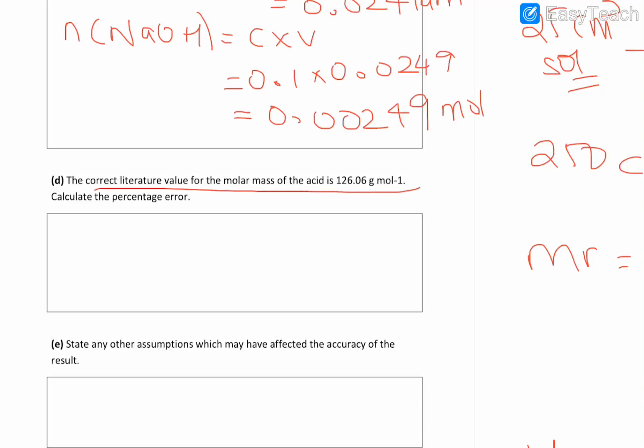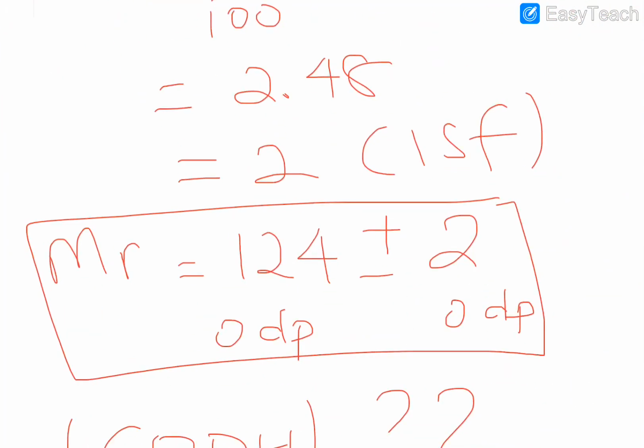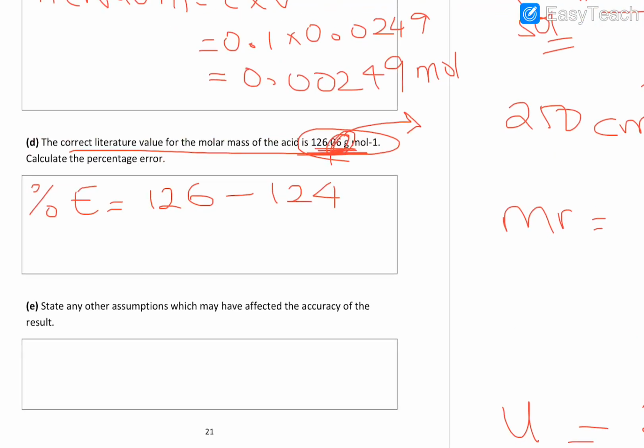So literature value is this much, so then the percentage error is going to be the literature value minus 124. Now I'm not taking 0.6, I'm ignoring this 0.6. This is literature value, but my answer here is to 0 dp, which means that I can ignore this one because this is a highly accurate value, literature value.